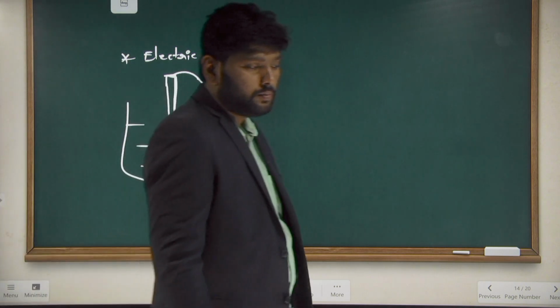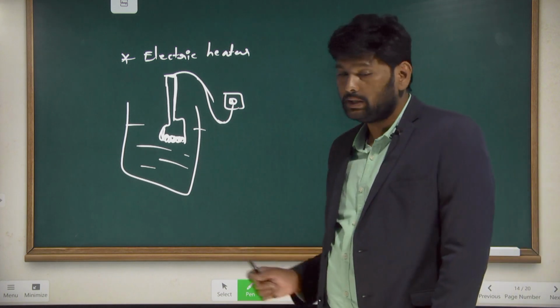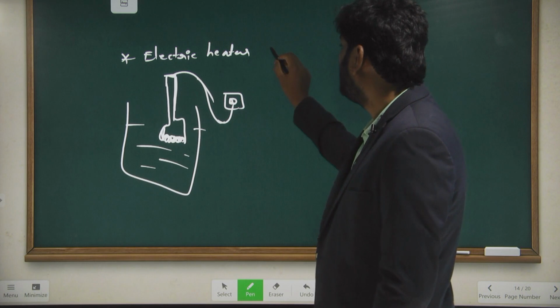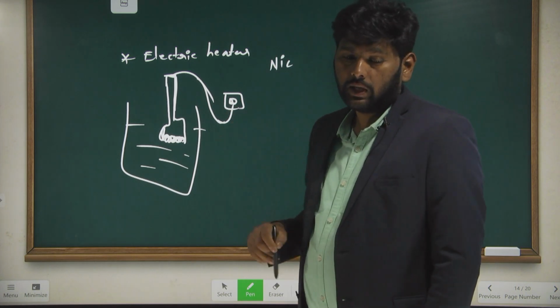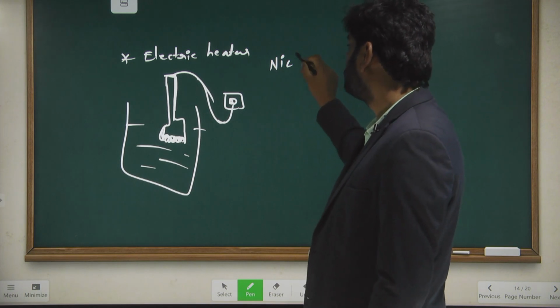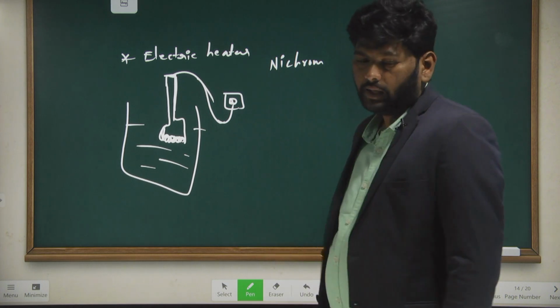But here, what is the heating element? Generally this heater is made up of nichrome material. A bulb is made up of tungsten, and here the heater is made up of nichrome material. Why nichrome?